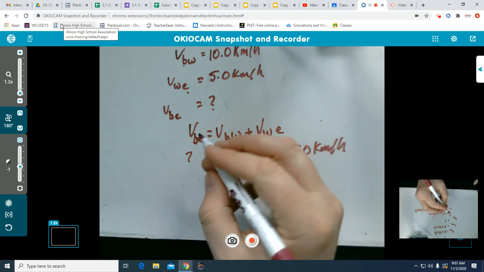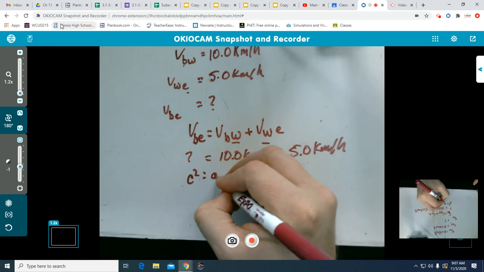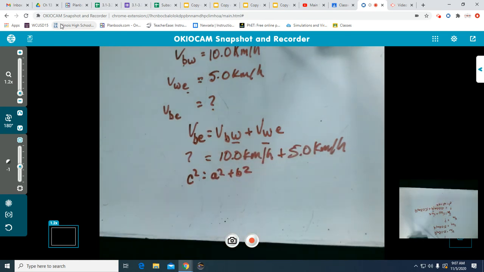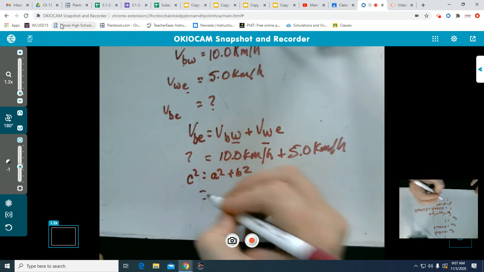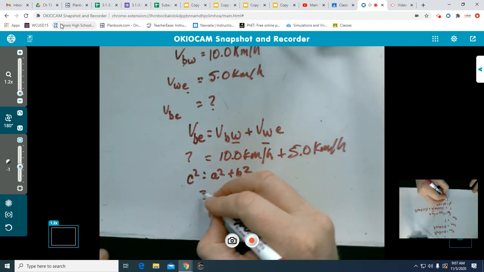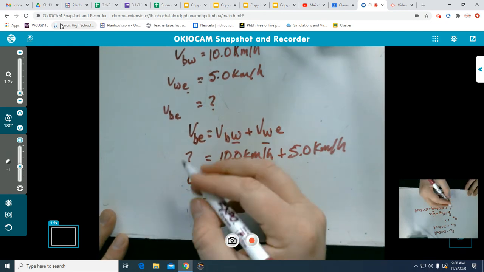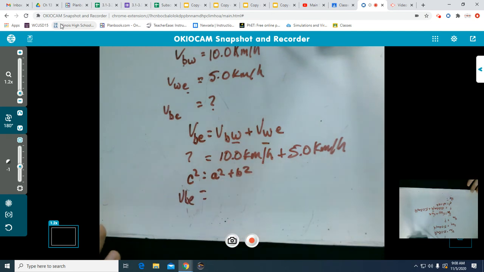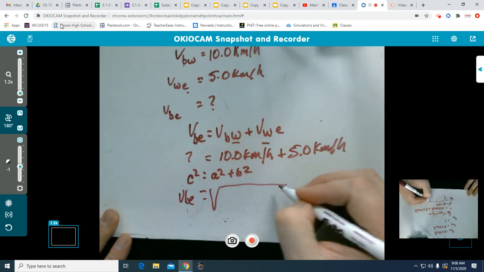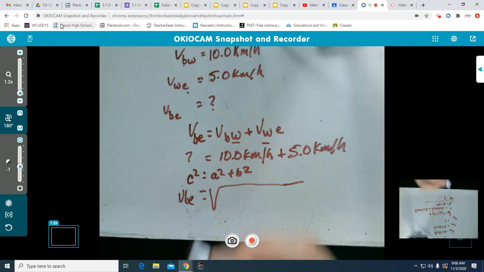And so if we have c squared is equal to a squared plus b squared, all these really equal are just the a and b, right? So, again, in order to find our unknown, or our c, or our VBE, take the square root of our two velocities squared and then sum them together.